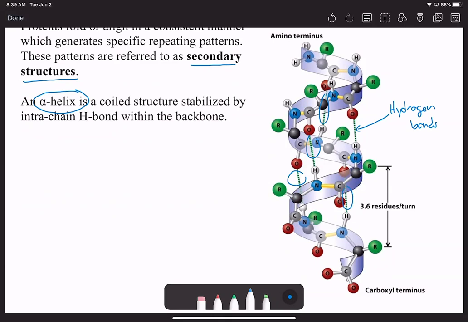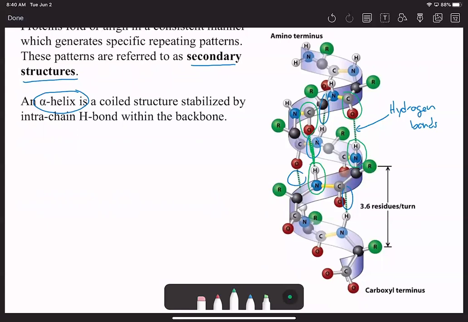So once these get lengthy, the carboxyl group of one amino acid makes a hydrogen bond to an amine group of a different amino acid. So here it is again. Here's a carboxyl group, which makes a hydrogen bond to this amine group on a different amino acid.